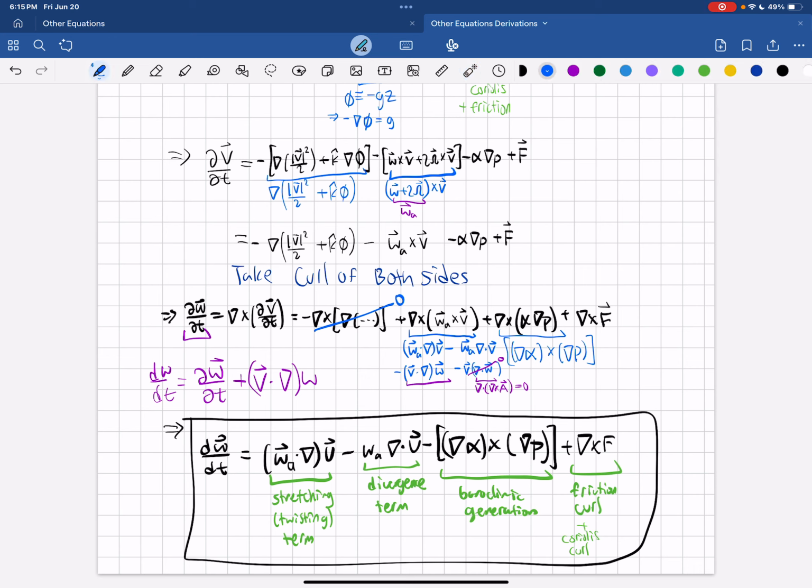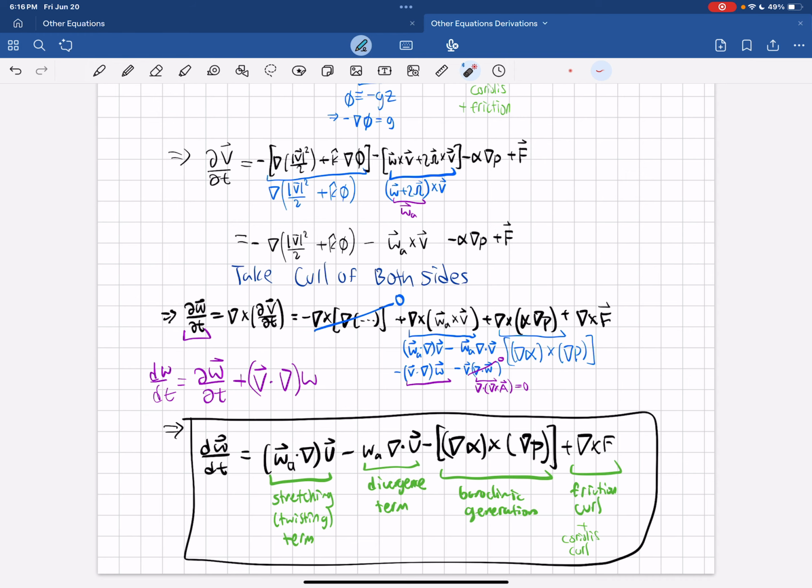And then this term we call baroclinic generation, and essentially this is maximum when the gradient of density and the gradient of pressure are, I think, at a 90-degree angle, that's when they're the strongest.